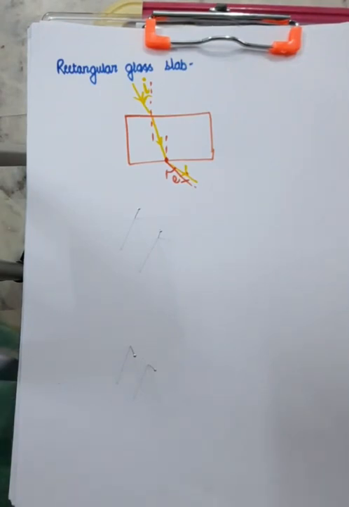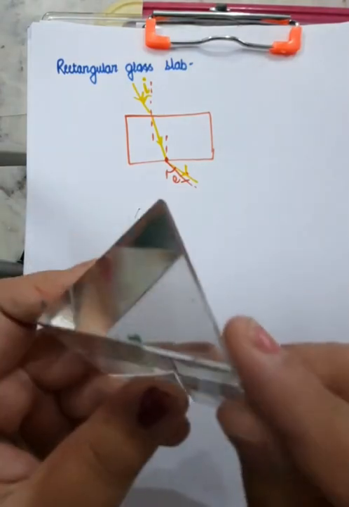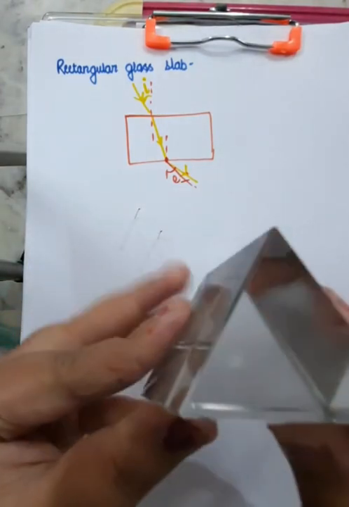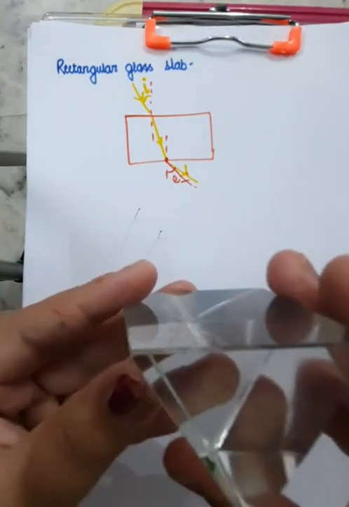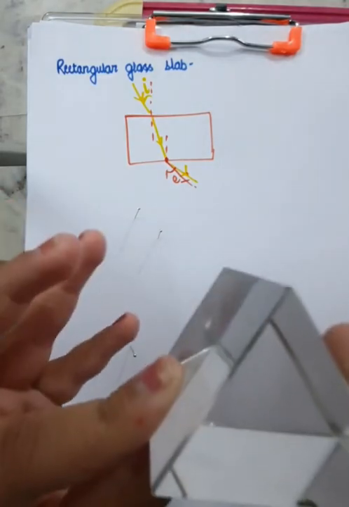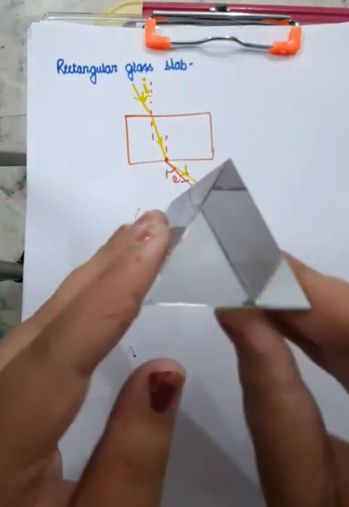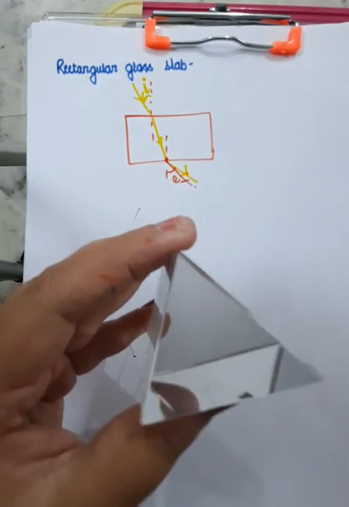Well, this was all about a rectangular glass slab, but now I'm going to show you something very similar and yet very different. So this is known as a glass prism, a triangular glass prism. You can see that it has got two triangular faces.